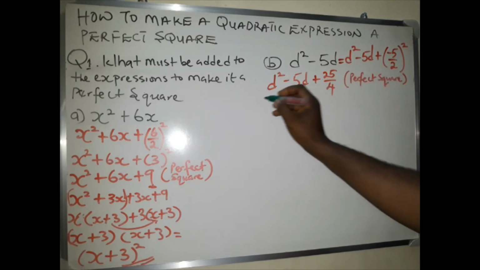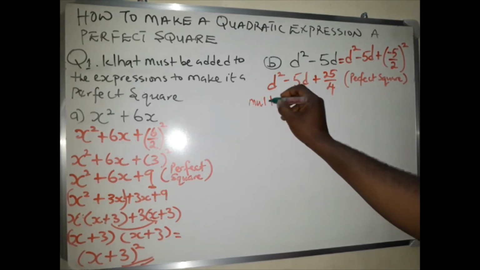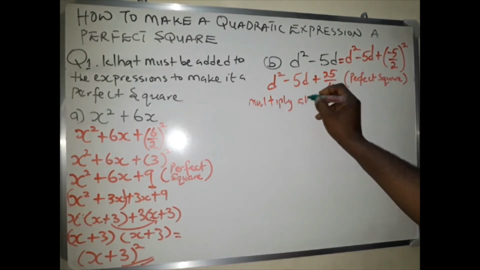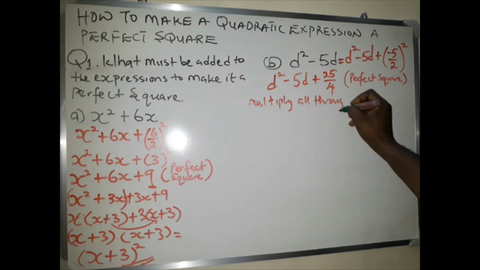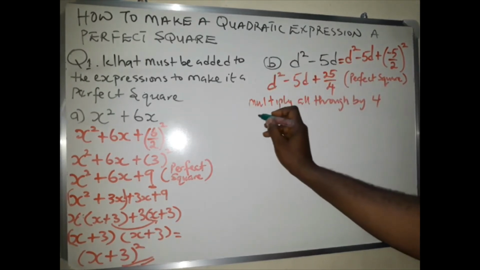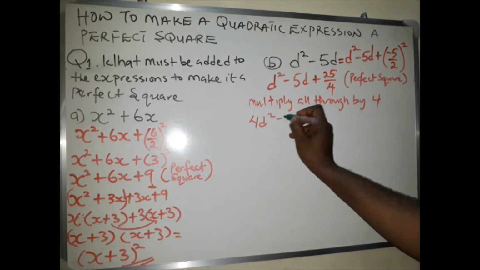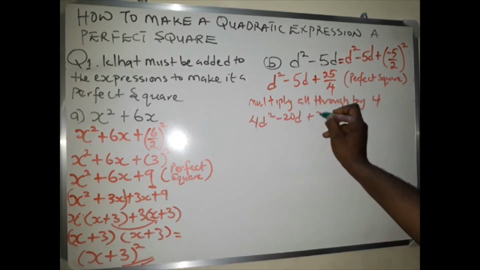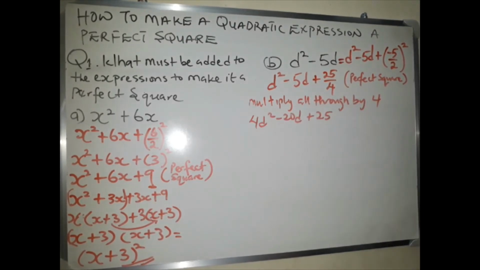So if you multiply all these by 4, you're going to get something like 4d squared minus 20d plus 25.